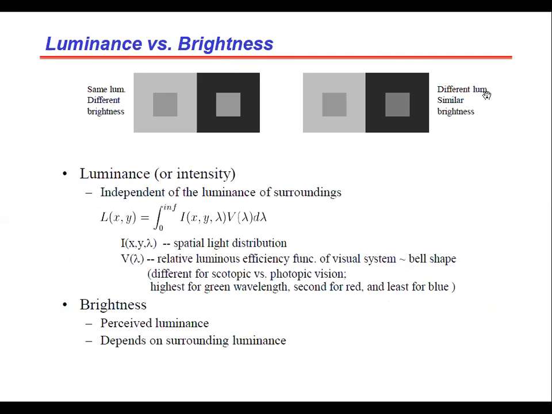So that was that. Then we have studied luminance versus brightness. What is brightness? Perceived luminance. The same thing looks dark on a lighter background and brighter on a darker background.